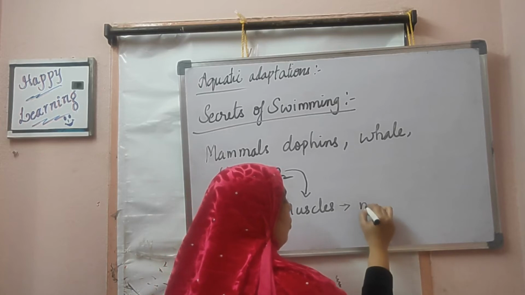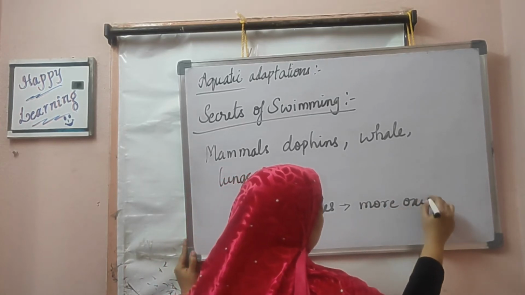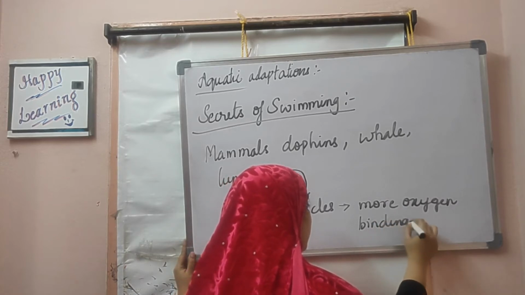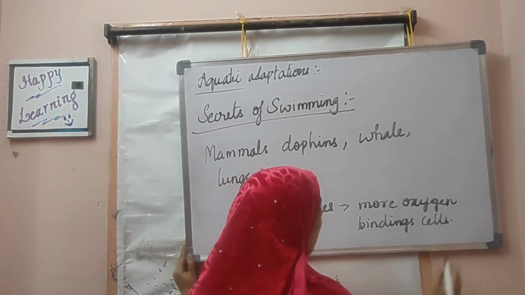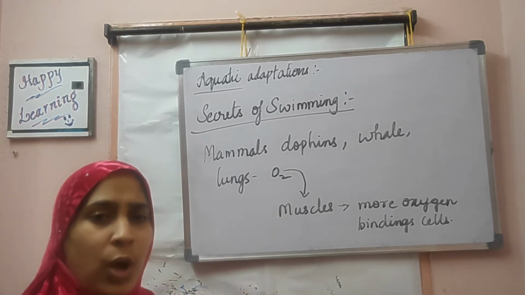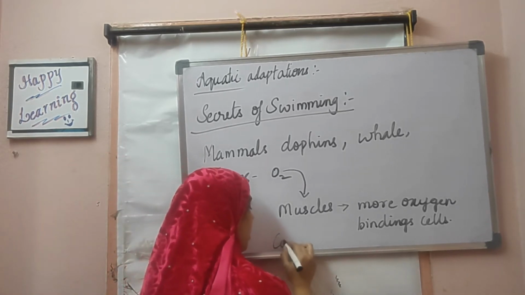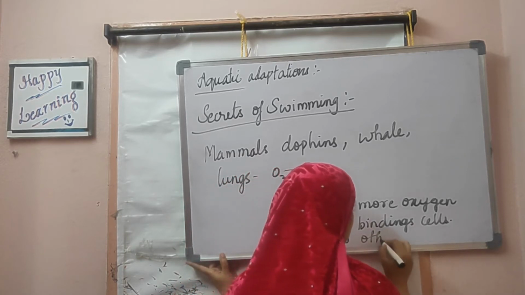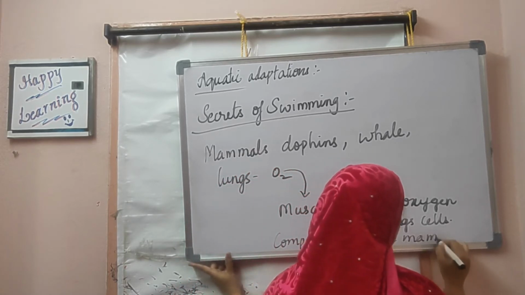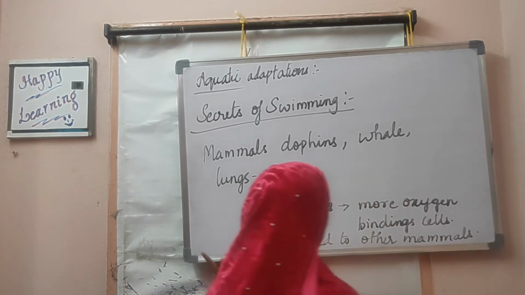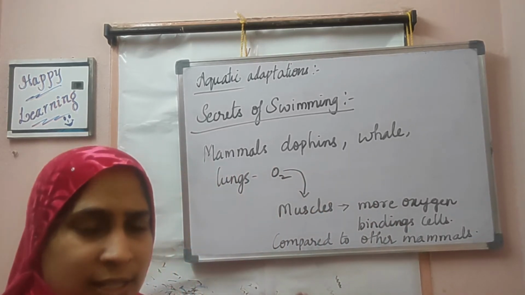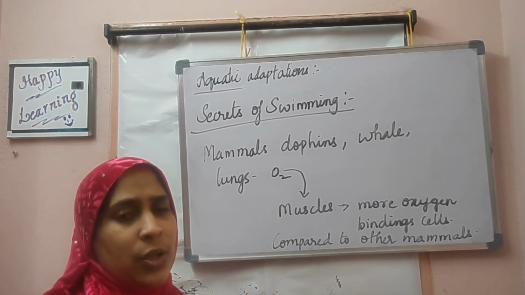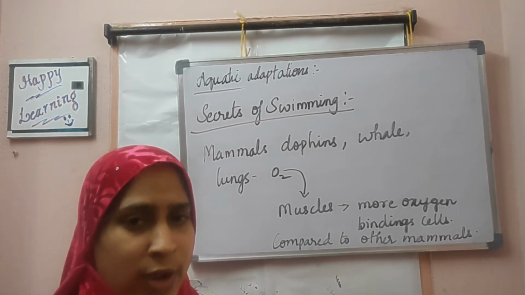These muscles have more oxygen binding cells compared to other mammals. These oxygen binding cells take up all the oxygen that is present in the lungs. This has two advantages.